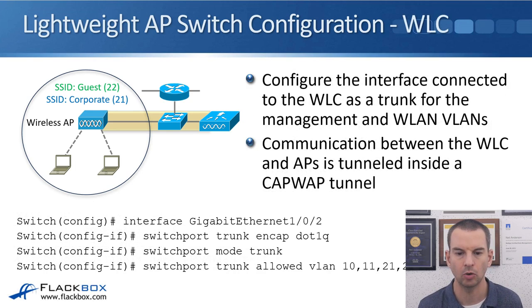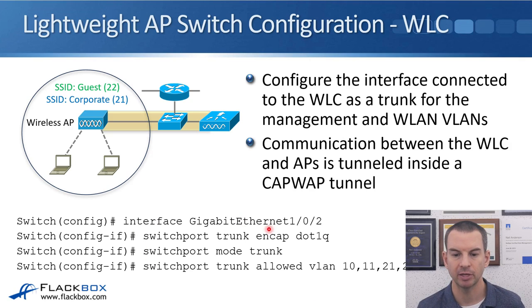Okay, so I've got all of my VLANs configured now. Now I'm ready to configure my ports, which are connected to the AP and the wireless LAN controller. I'll do the wireless LAN controller first. So again, when the traffic gets hairpinned back out through the wireless LAN controller back to the switch, the wireless LAN controller is going to be tagging that traffic. So to be able to support the different VLANs, it needs to be configured as a trunk port.